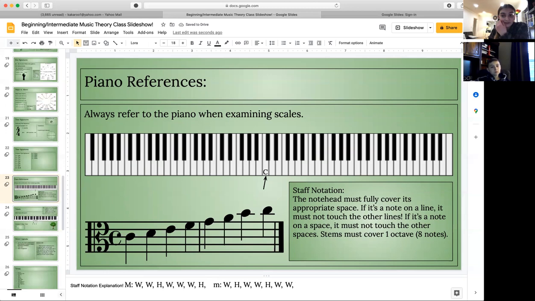We do deal with a lot of language-based things. The capital letter represents major, so the capital M means major, and then the lowercase m means minor. So in this case, whenever I put lowercase m, this shows your minor step pattern, okay?